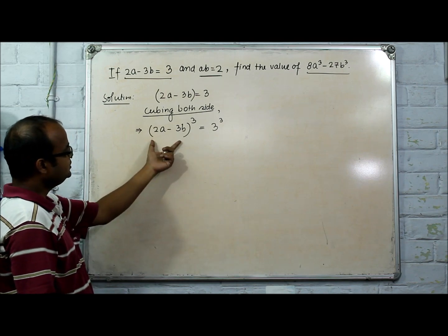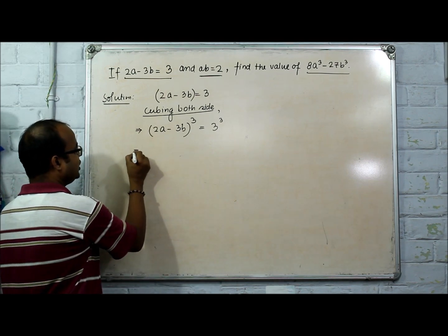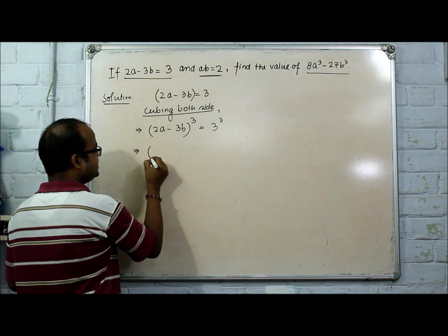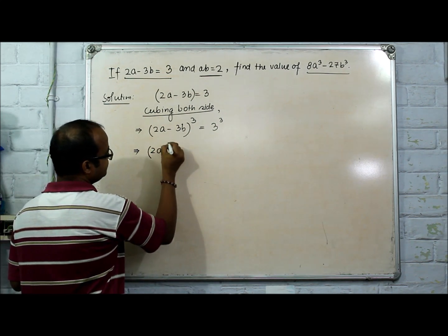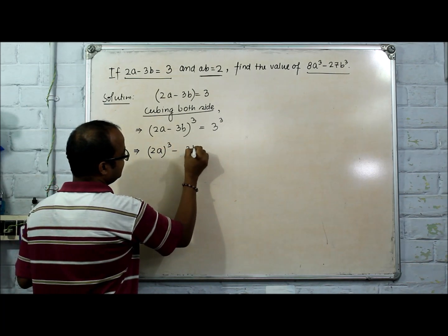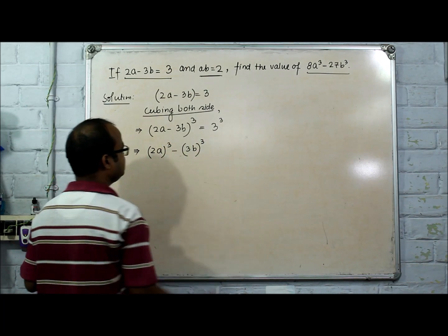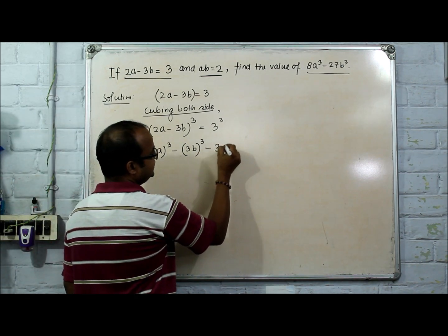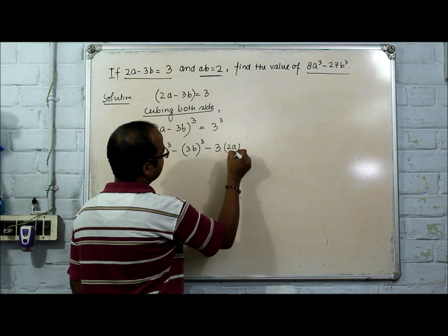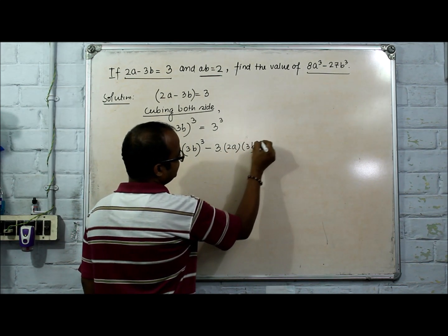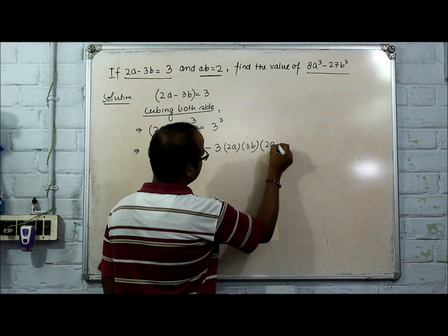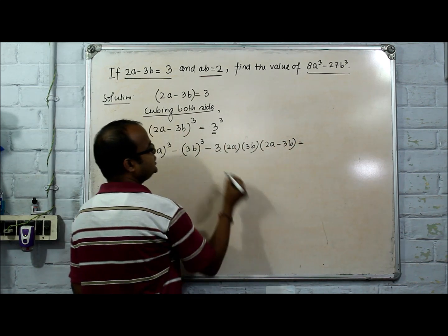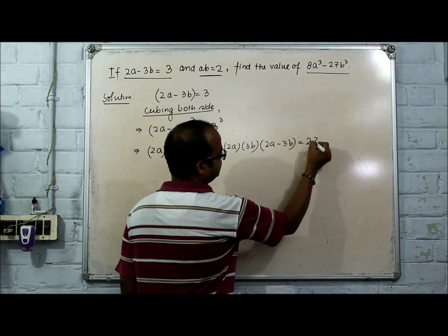Now here use the formula of a minus b to the power 3, that is a cube minus b cube minus 3 into a into b, into a minus b. 2a minus 3b is equal to 3 cube. 3 cube means it is equal to 27.